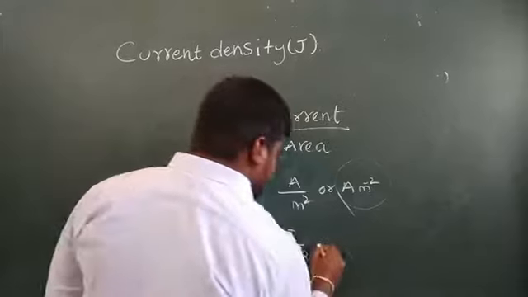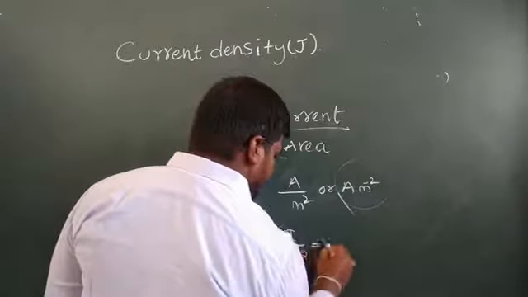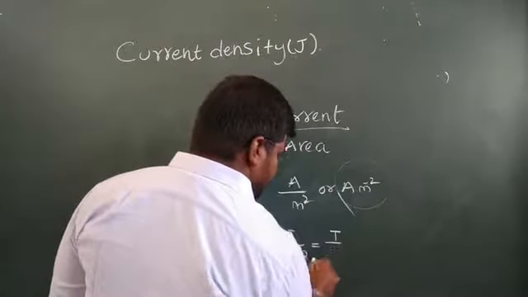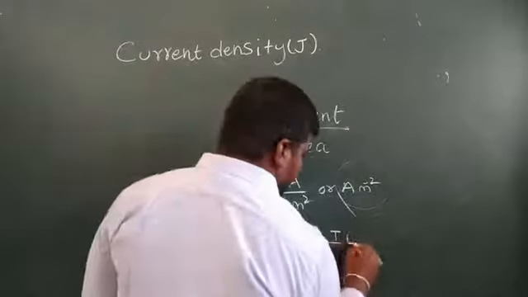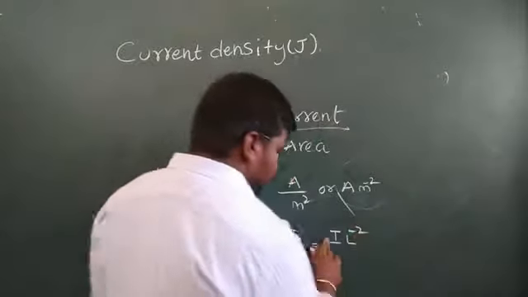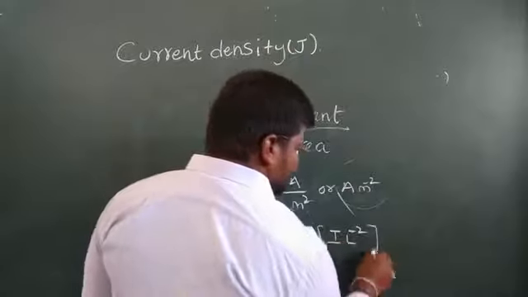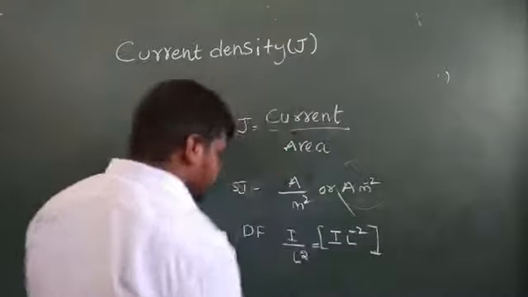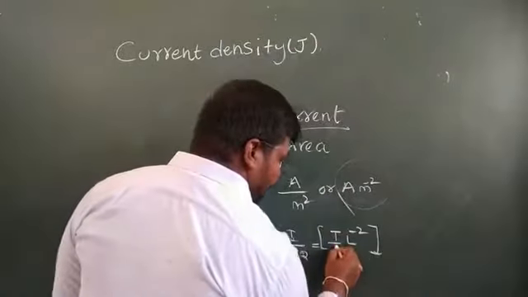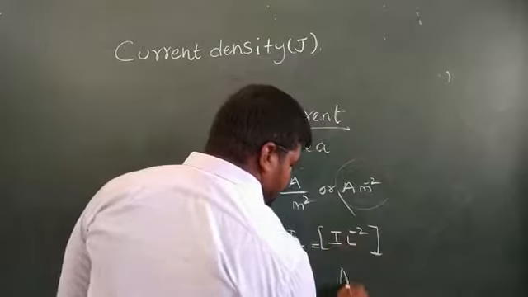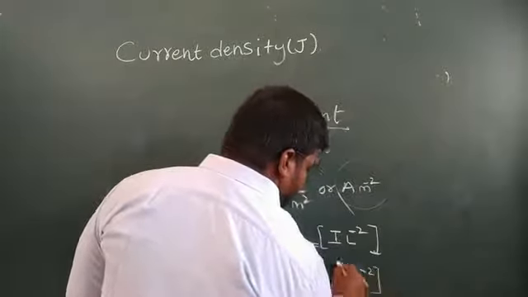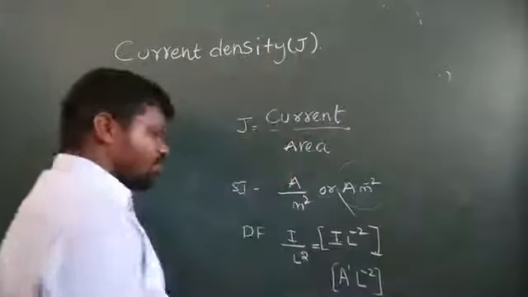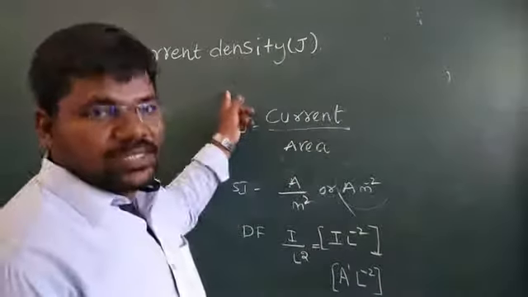So we can write I over L power 2, take it in the numerator, L power minus 2. In some books they give the dimension formula as I, A power 1 L power minus 2. This is the dimension formula of current density.